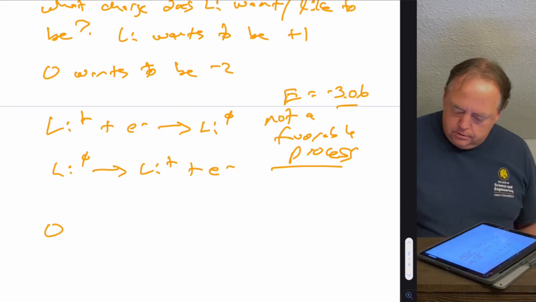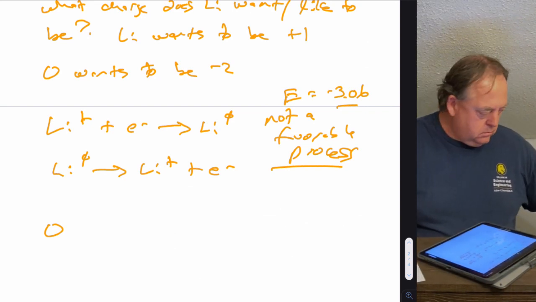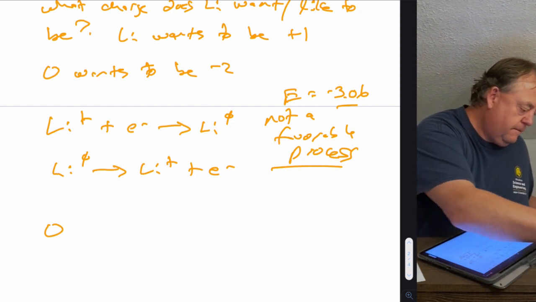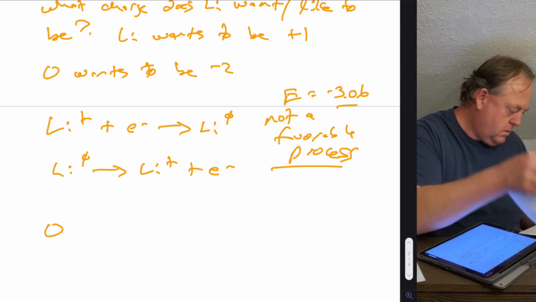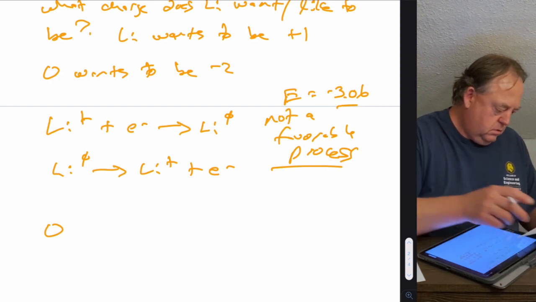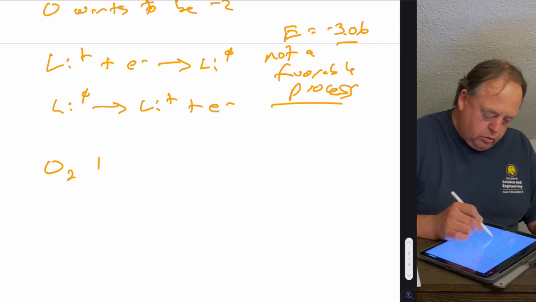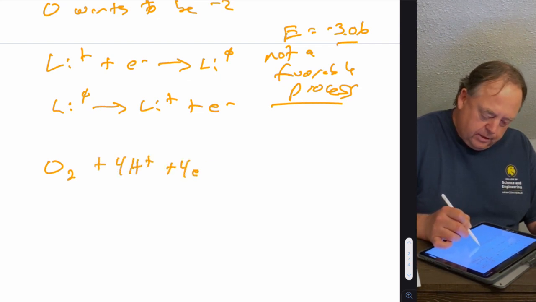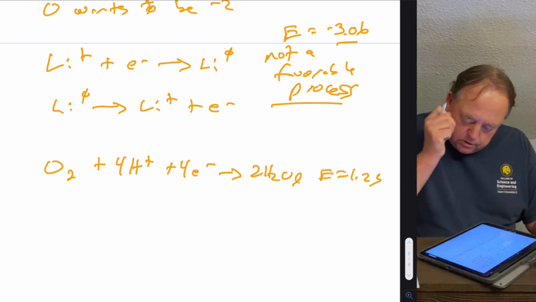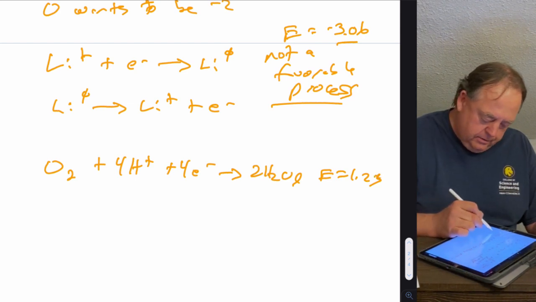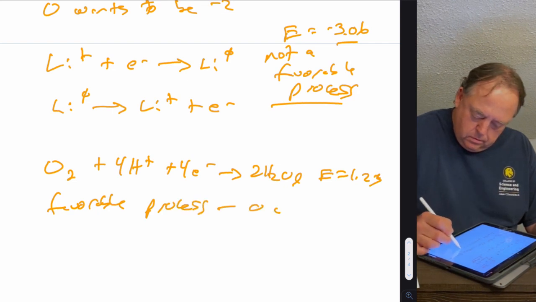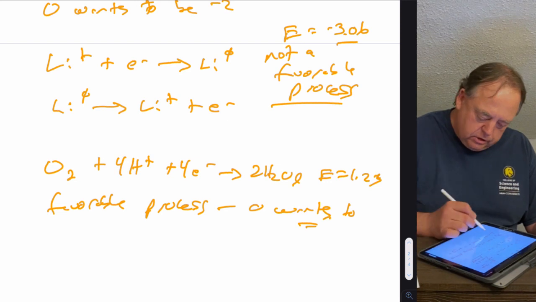So if we look in the appendix, what you find is O2 plus 4H+ plus 4 electrons to go to 2H2O liquid. E is 1.23, so this is a favorable process. Oxygen wants to gain electrons.